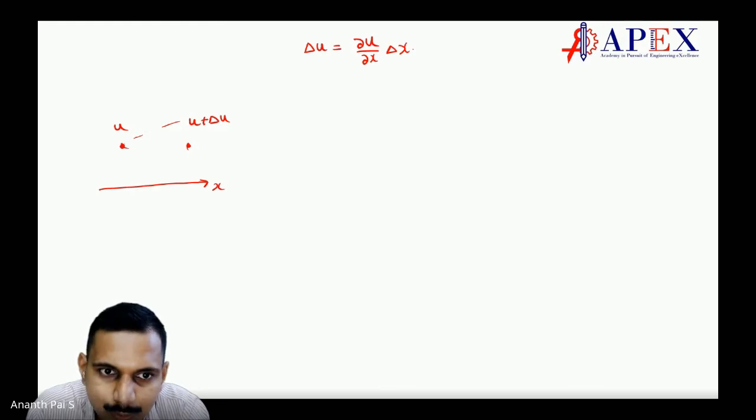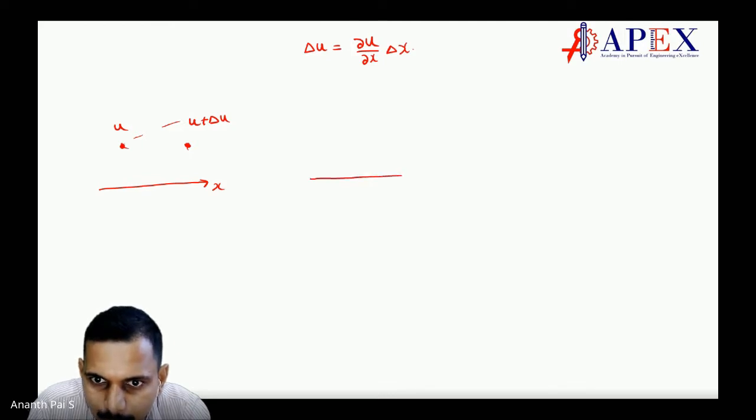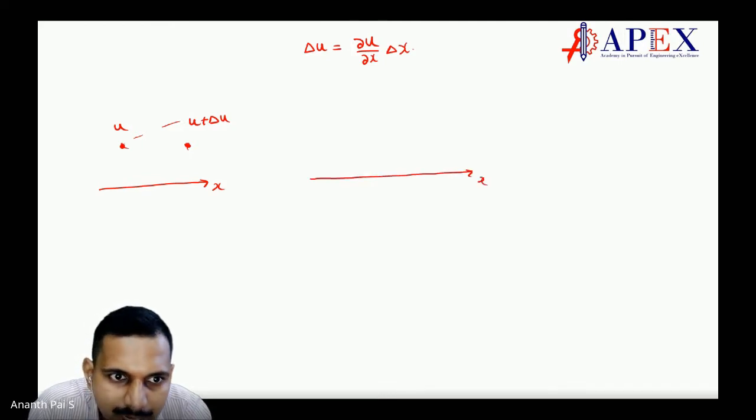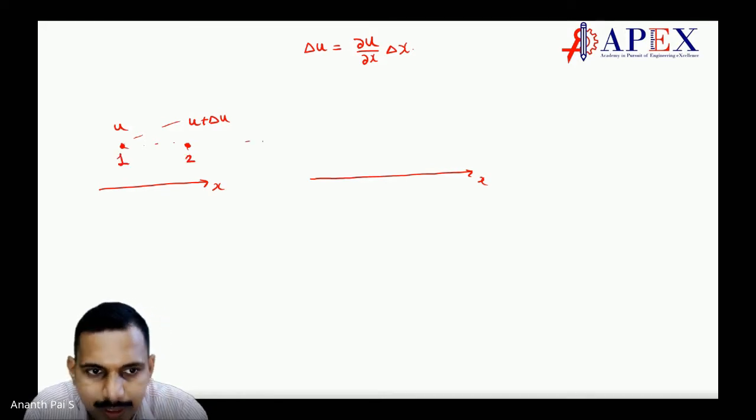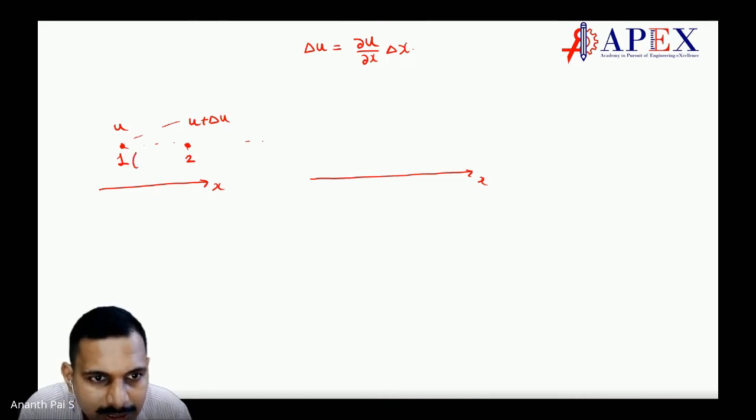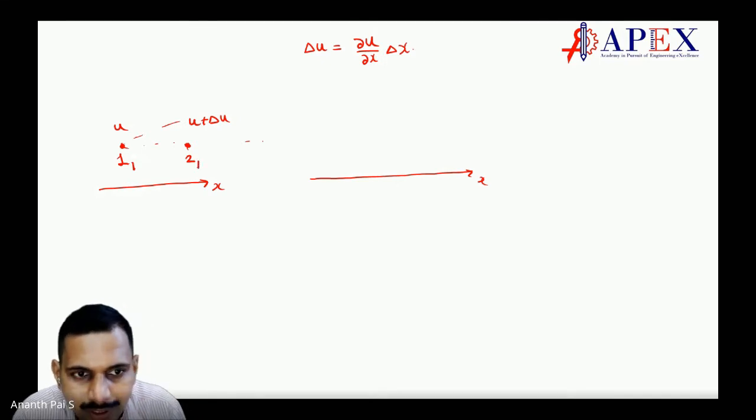And at this position u plus delta u. So this particle is moving with u plus delta u. Now if you go in the direction of x, after some time, what is the distance this moves? Say particle 1 at time 1, and particle 2 at time 1, where the subscript refers to time.